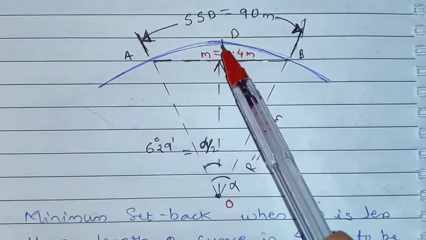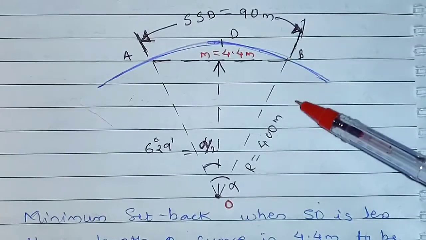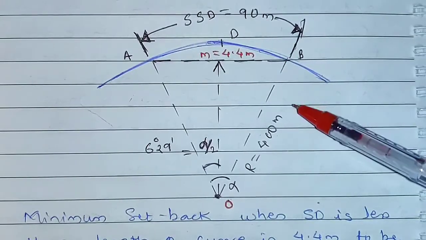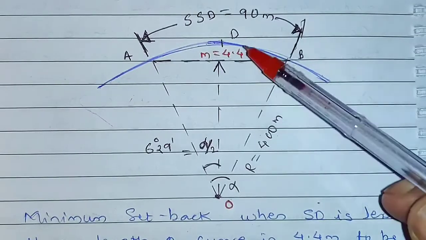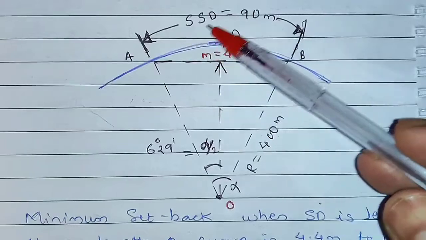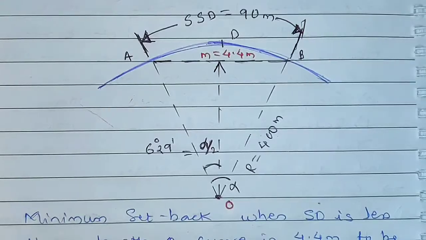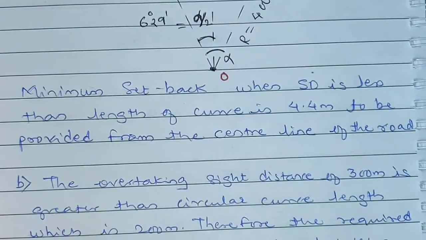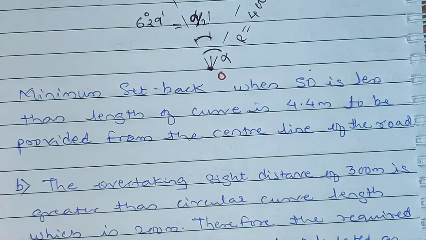It is essential that once you solve this numerical, you show a necessary sketch denoting all the values of the radius of the curve, the setback distance, the angle alpha by 2, and the necessary information, in this case the stopping sight distance, etc. So the minimum setback distance when the stopping sight distance SD is less than the length of the curve is 4.4 meters to be provided from the center line of the road.